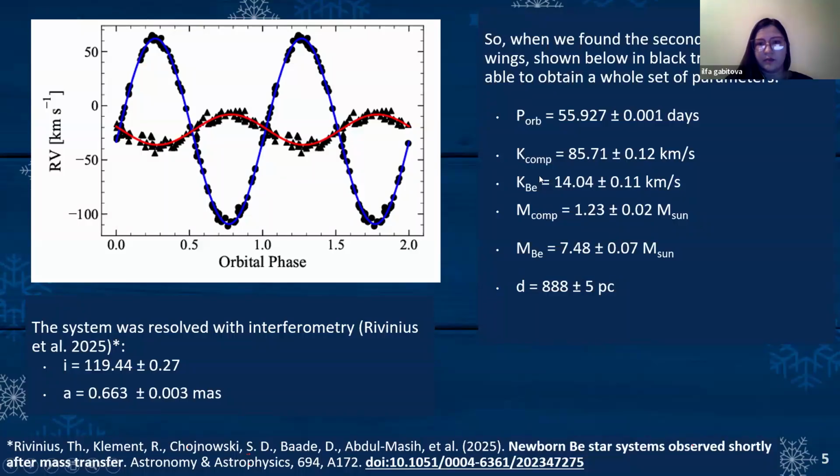As you can see, the masses are resolved for both components, and the mass of the companion is very well constrained. It is kind of high for a companion of a B star. We were also able to determine the distance, which differs from Gaia's distance by about 180 parsecs.